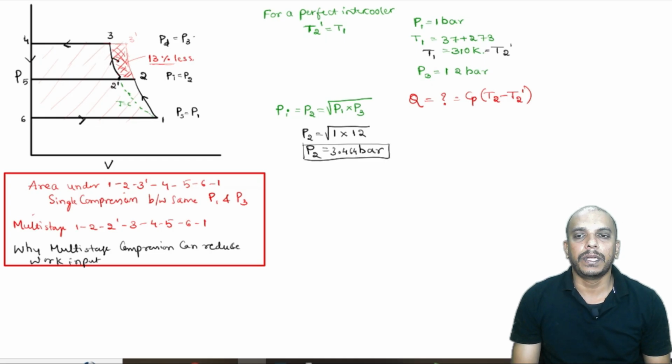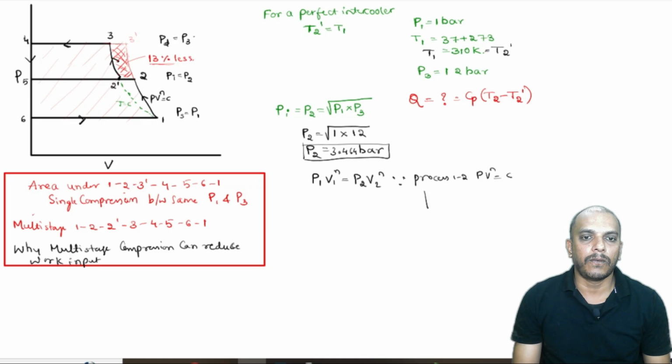Now, if P2 is known, let us go for T2. How do we find out T2? We know that this process is PV^n equal to constant. Now, P1 V1^n is equal to P2 V2^n. This is because process 1 to 2 is polytropic, that is PV^n equal to constant. But we do not have volumes, so it is better we replace volume by temperature.